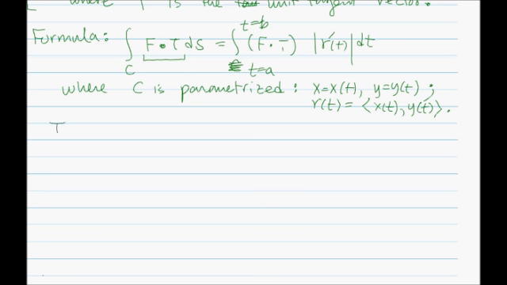So what is T? It is the tangent vector divided by its own length. So it's a tangent vector and it's a unit vector.